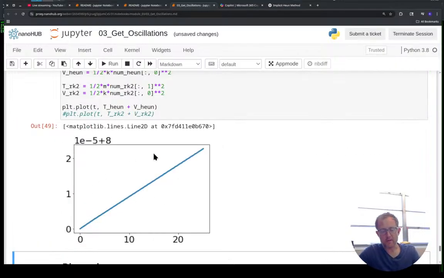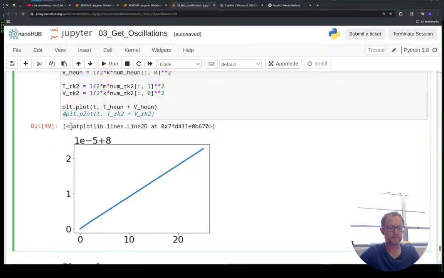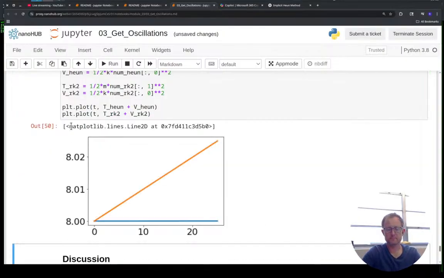It's not going to be perfect, but there's a lot better energy conservation, like total kinetic and potential energy conservation, with an implicit method. Yep. So it depends on how long you want to simulate and all that.